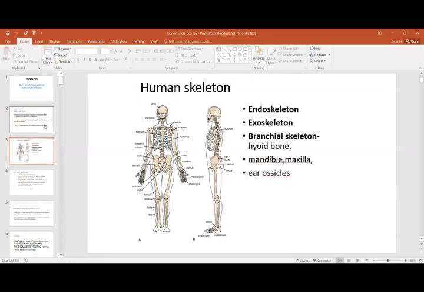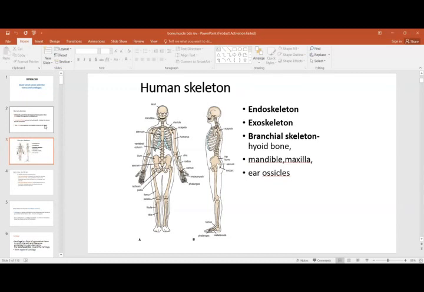This is the structure of the human skeleton. You can see that on both sides the limbs, their bones, are the same. In the lower limb, they are the same. The upper end is the skull, and then you have the vertebrate pattern in the center. There are certain terms used: the endoskeleton, where the bones are covered by muscles; the exoskeleton, as in insects, where the bone is on the outer side; and the branchial skeleton, the bony structures for the hyoid, mandible and maxilla.